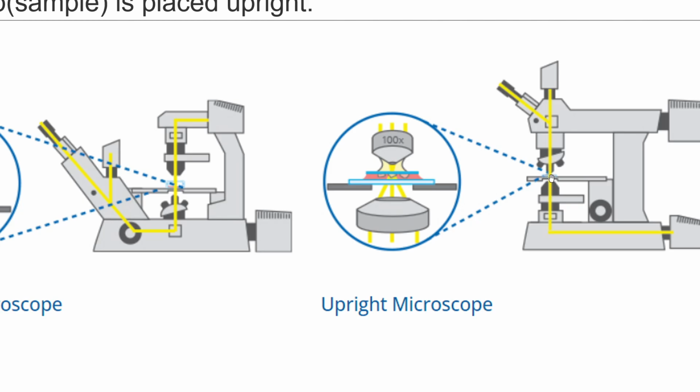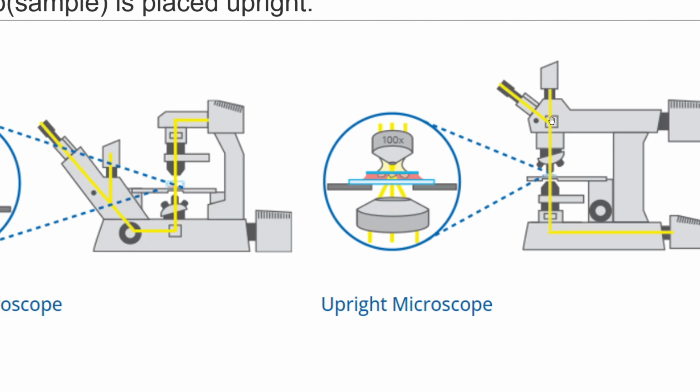So your sample must be upright. Whatever sample is there, your light will pass through it, because your sample will be either on your culture dish or on your slide. The bottom of your slide should face this light source. Then the light will pass through your sample and then to the objective lens.